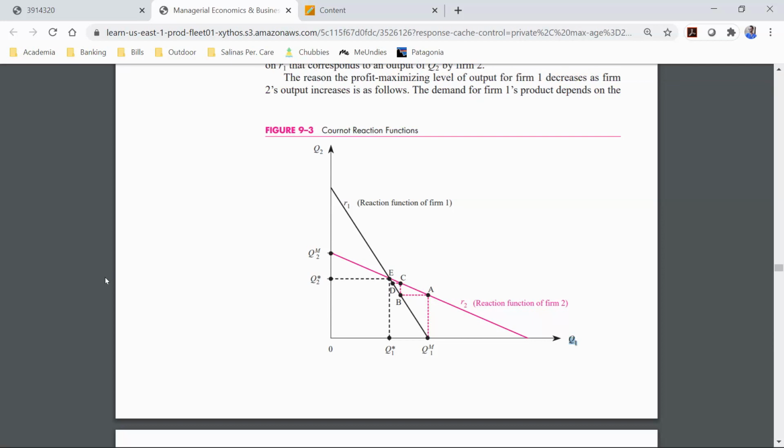Alright, and you can see that each firm's output decision is based on also what the other firm would choose as output. And so what we get is here's the reaction function of firm 1 here.